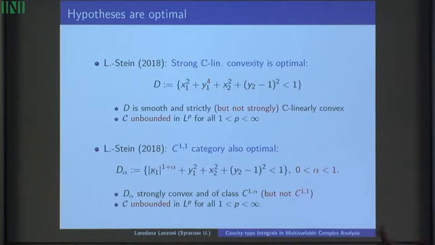And I just want to say that the two assumptions of strong linear convexity and C(1,1) regularity are optimal. And what is surprising is that you find counterexamples by simply taking a ball, which is the most perfect place in the world to study the Cauchy integral even in higher dimension, and just flattening it a little bit in the first instance, which gives you a smooth domain which is no longer strongly linearly convex, or squishing it a little bit to a pear-shaped form, so to speak, which gives you a strongly convex and therefore strongly linearly convex domain, which is, however, no longer of class C(1,1).